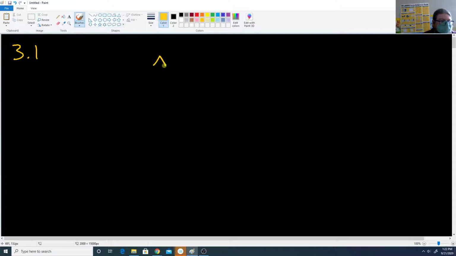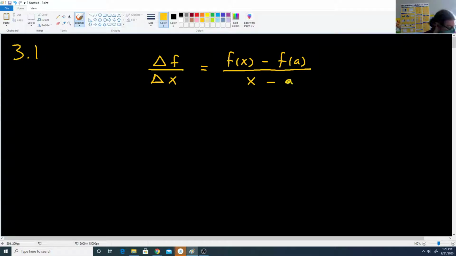So we're going to look at delta f over delta x. And we're going to note that this is going to equal f of x minus f of a, all that over x minus a.